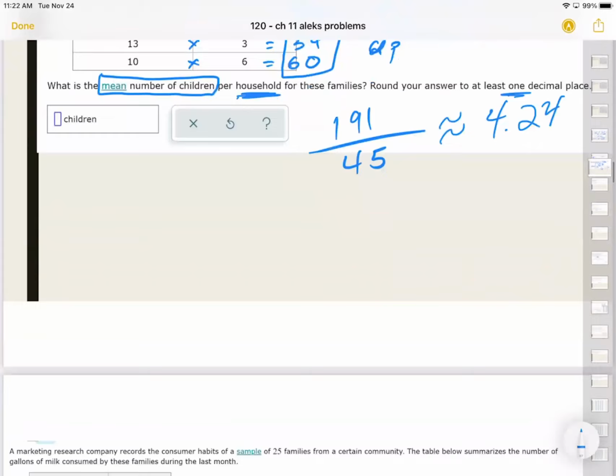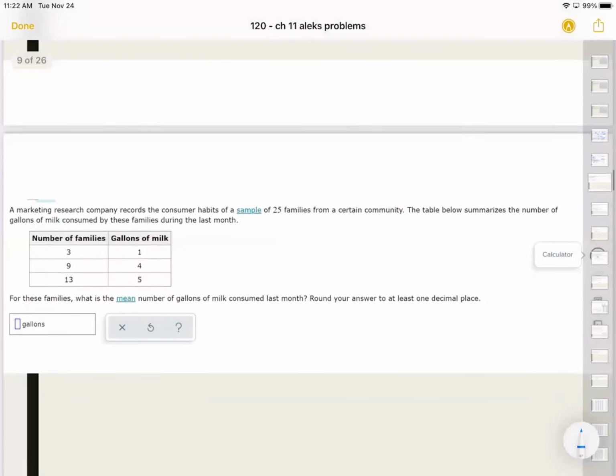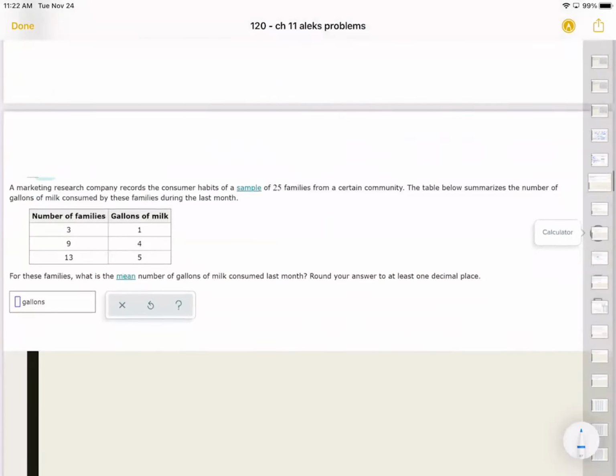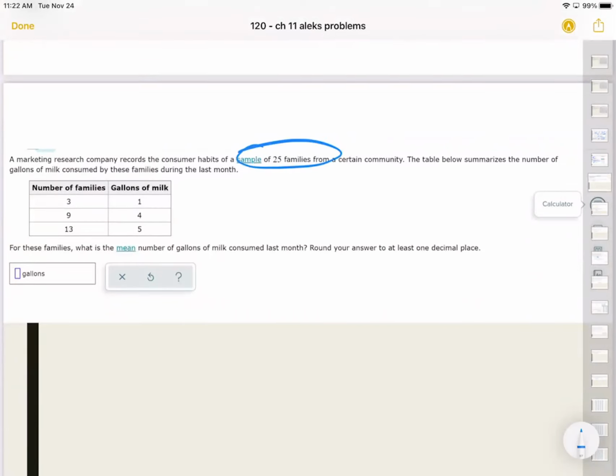Same idea goes for this one here. They ask you for a sample of 25 families, and then again they ask you to find the mean number of gallons of milk consumed, right? So again, same idea, because they give you the multiples. This is what you need to do, you multiply this item, and you multiply this item, 65.